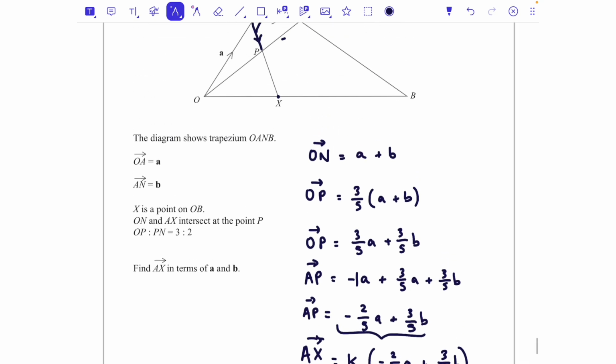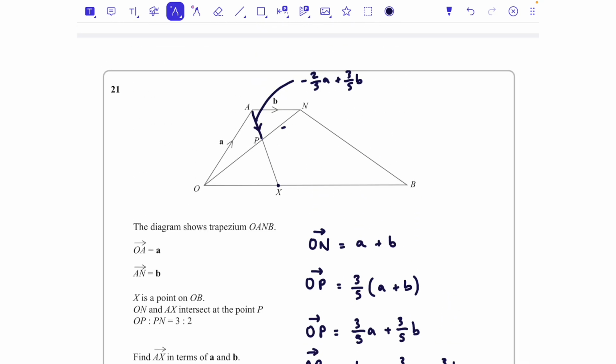Okay, but we also know to get from A to X that we could come down here and across here, in which case A to X could be written as minus A, because we're going against this bit, and along here. Now I've got no idea what O to X is, but what I do know is that it is parallel to B. Because this is a trapezium, I know that this is some amount of B, and I don't know what.